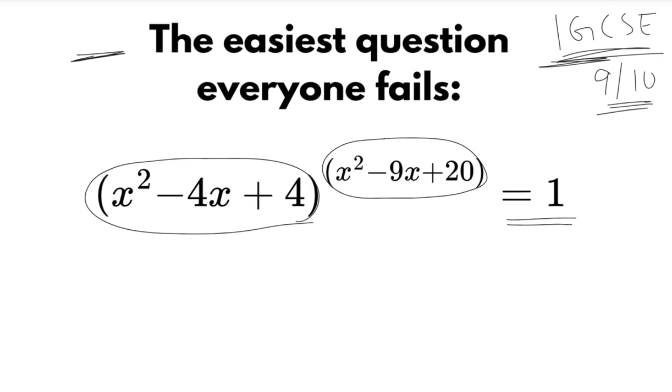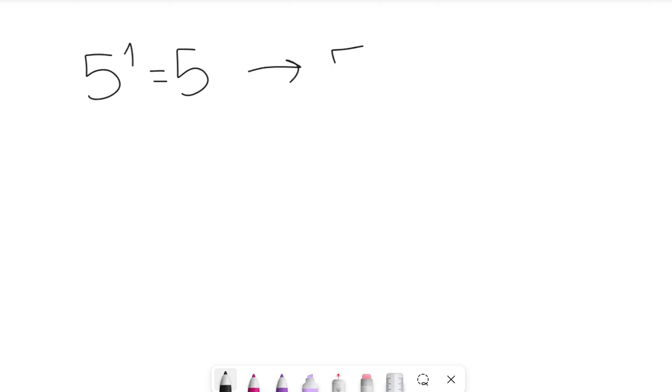If we say, for example, 5 to the power of 1, that is equal to 5, right? But if we say 5 to the power of 0, then that is equal to 1. So 5 to the power of 1 is 5, but 5 to the power of 0 is 1.